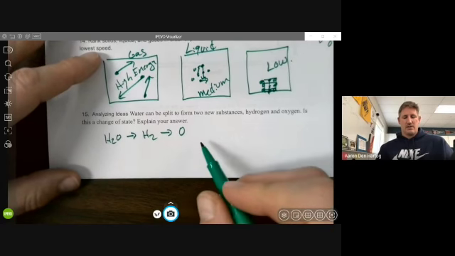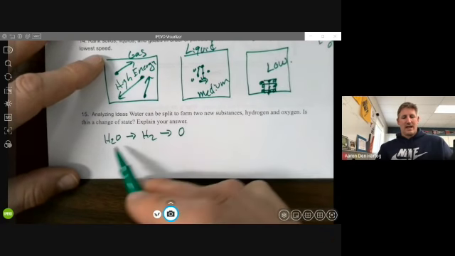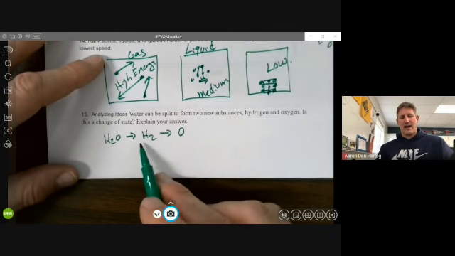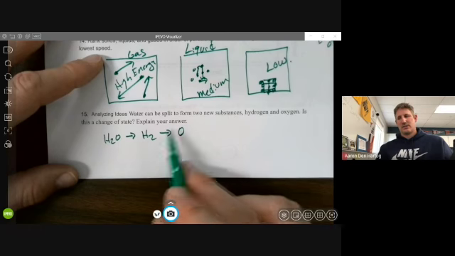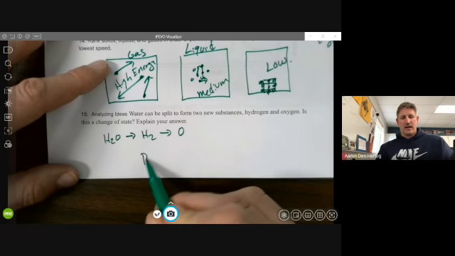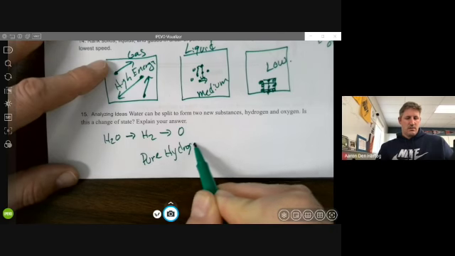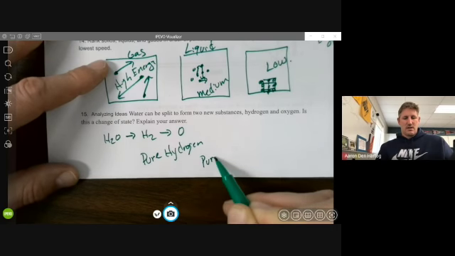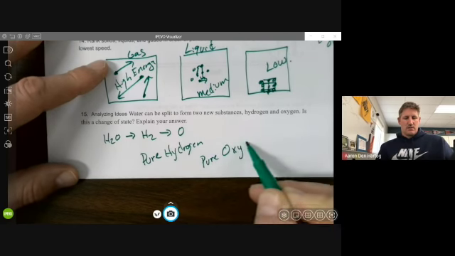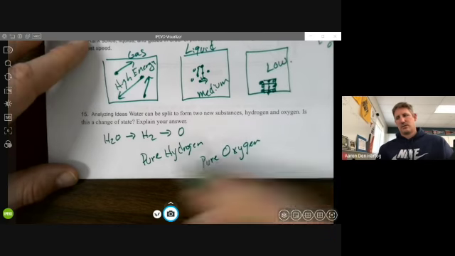But remember, if that were to happen, we won't have hydrogen and oxygen combined. We'll have pure hydrogen and pure oxygen. Now, they don't have the same characteristics as water.